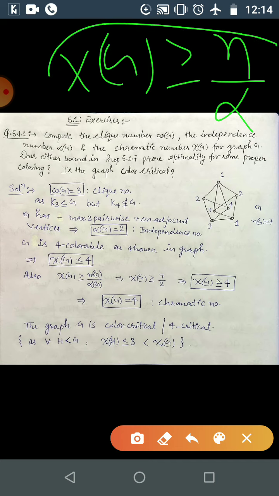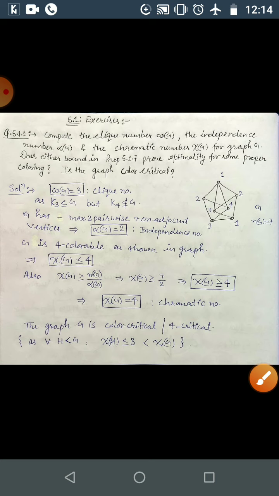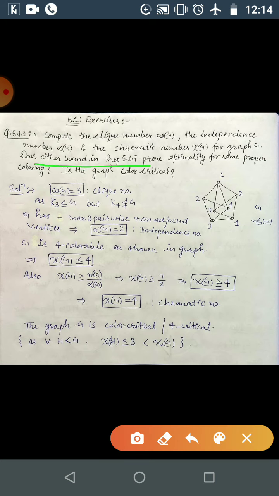So we did this proposition. It is asked whether either of these two bounds proves an optimality condition for some proper coloring, that is, a minimizing condition, because we want to minimize the colors. Is it working?